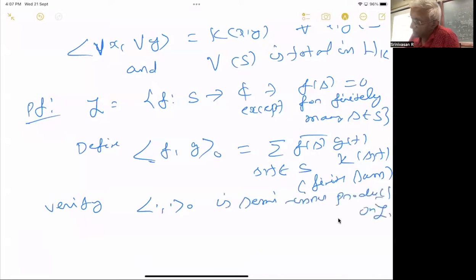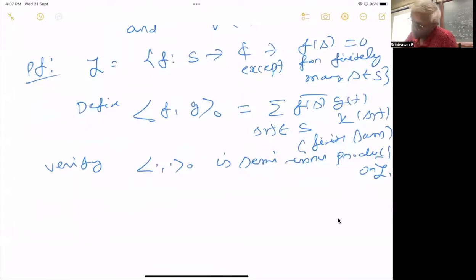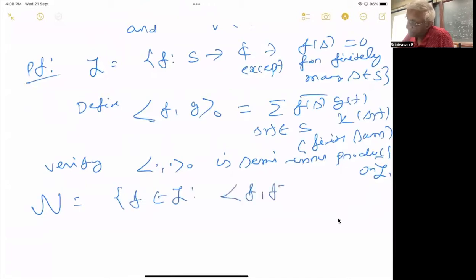On L. Okay. So now I define N to be all those f in L such that ⟨f, f⟩₀ is equal to 0.